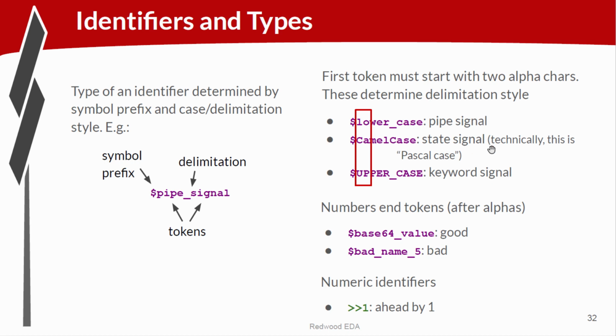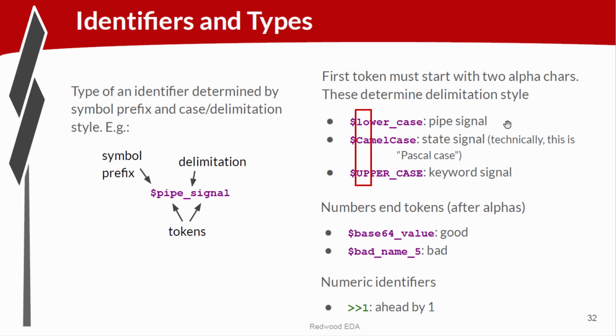I don't think we're even going to talk about state signals in this workshop, but nonetheless, just to understand syntax restrictions. And then there's also an uppercase, which I also don't think we're talking about, but that's all uppercase characters with an underscore delimitation. So the main message is, when you're declaring pipe signals, all lowercase, underscore for delimitation.